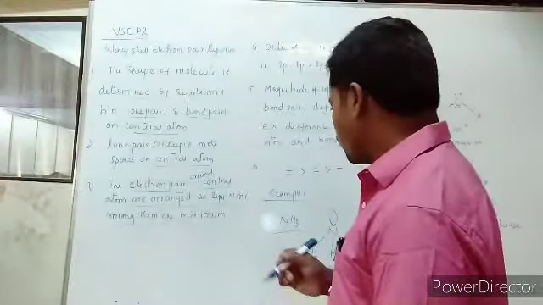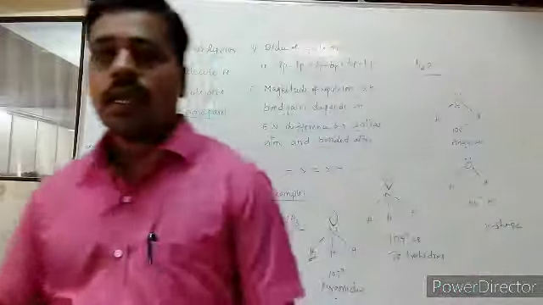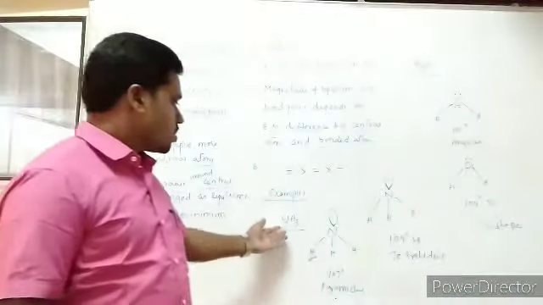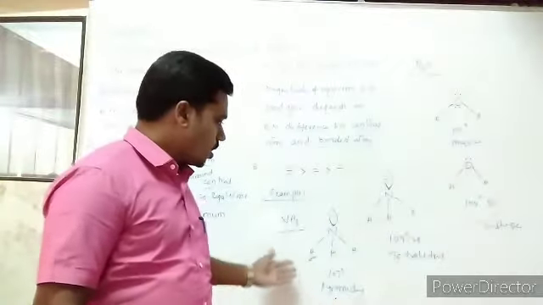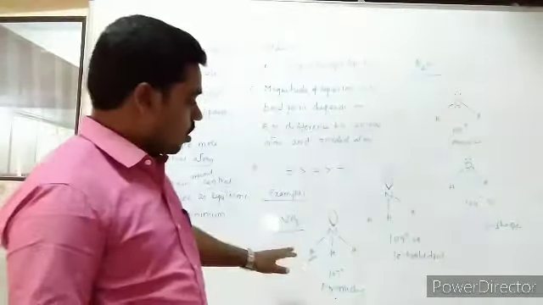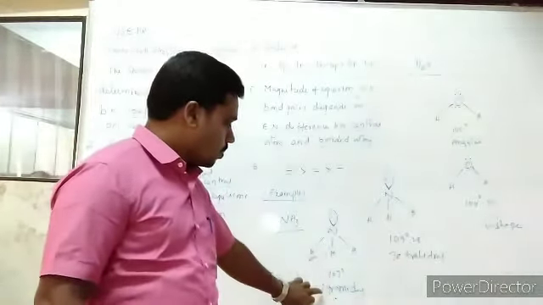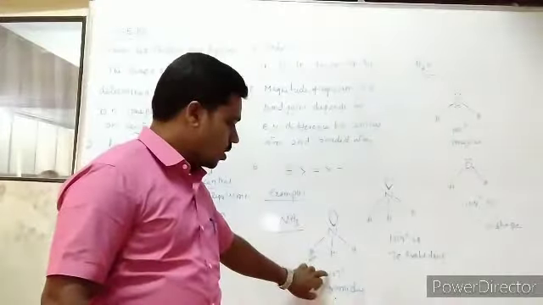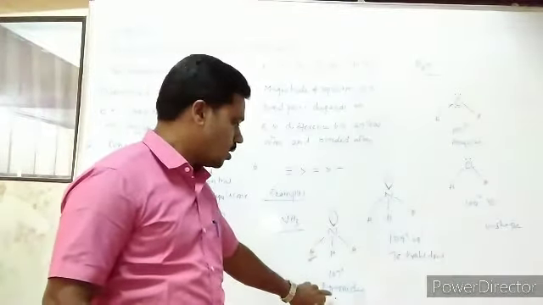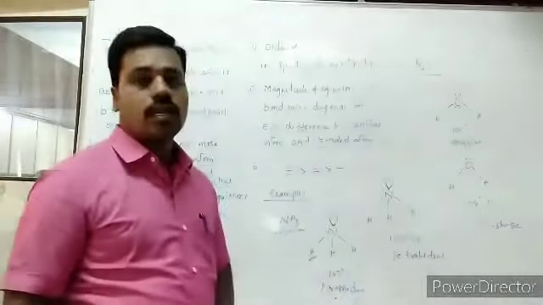Now we can explain the VSEPR theory by taking an example. I have taken ammonia, and we can write its structure like this. Generally, ammonia is pyramidal in shape. What is its bond angle? 107 degrees.